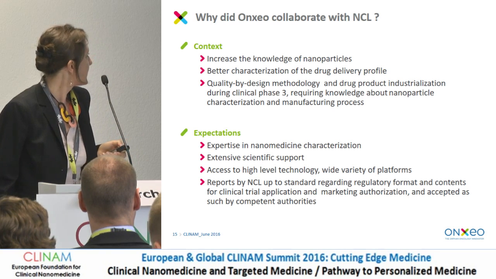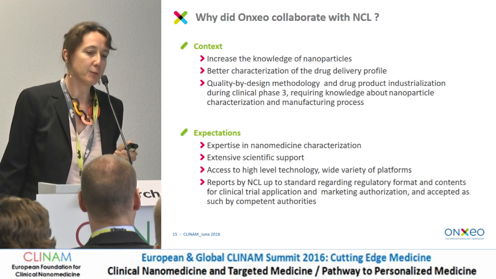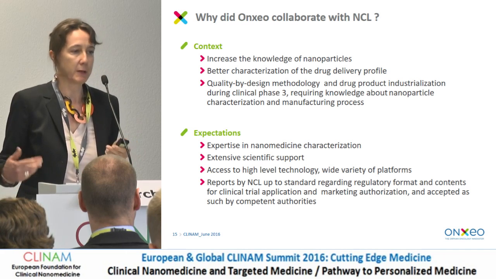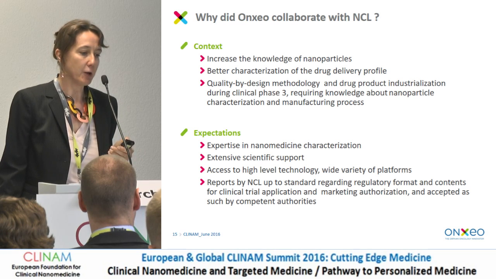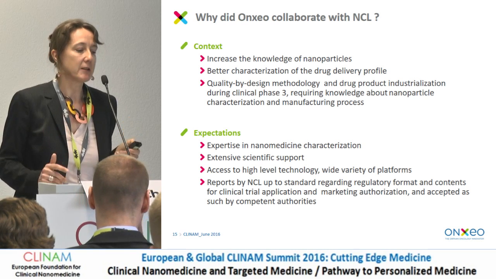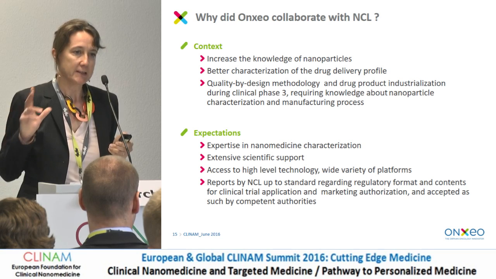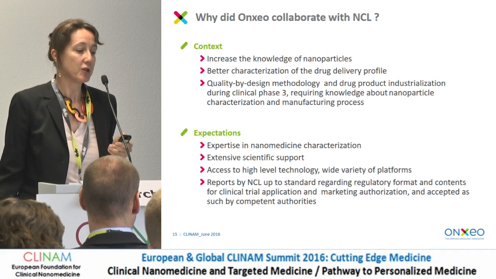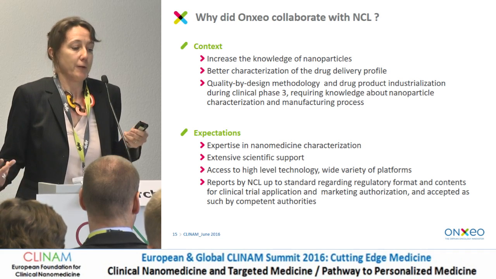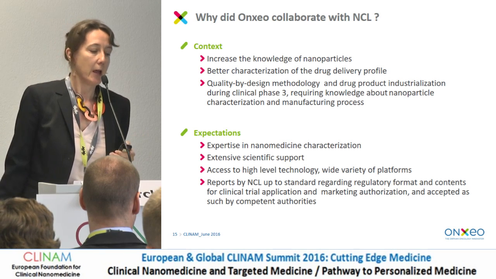We use quality by design, and we are at the same time in the process of industrialization, anticipating any scaling up. So it requires a very good knowledge and understanding of each step of our manufacturing process. And for that, we need to have, as much as possible, full characterization, and we will try to answer all the questions we have.